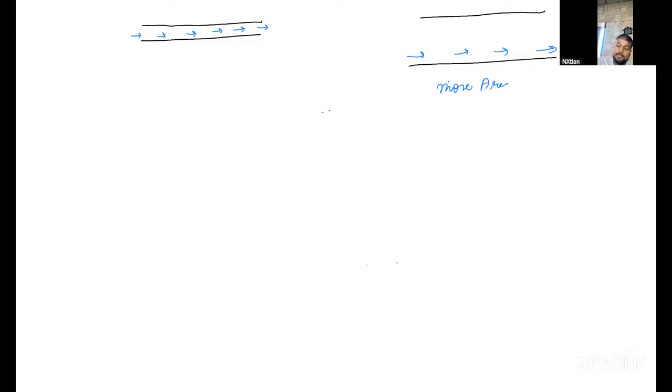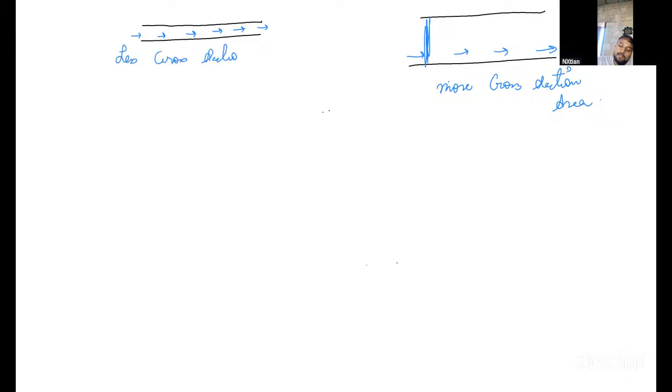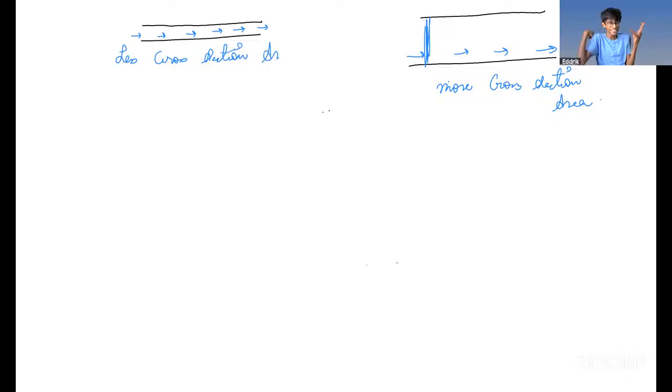This means that it has more width. It is called more cross section area, and it has less resistance. Less cross section area means more resistance.